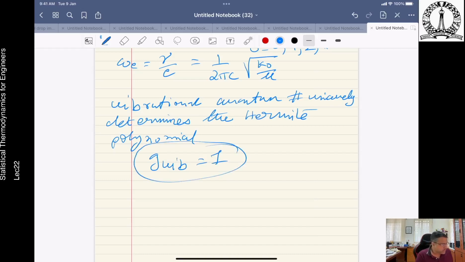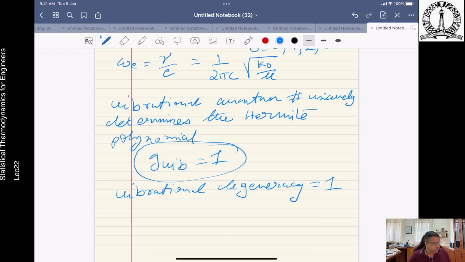That essentially means that the vibrational degeneracy is equal to 1. There is only one way that you can have a vibrational mode.